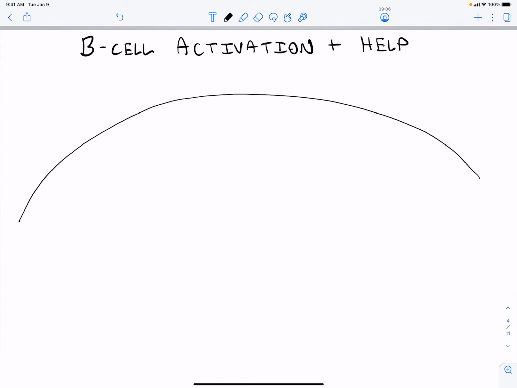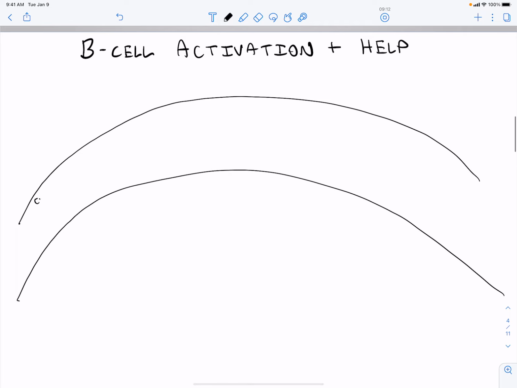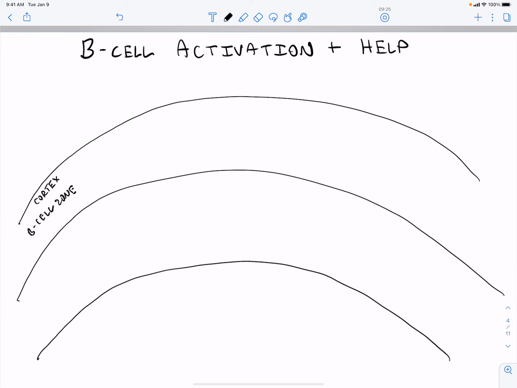So we'll have a B cell zone, the cortex, and then we'll have an inner zone, which is the paracortex. And this is the T cell zone. And then we'll have the medulla.